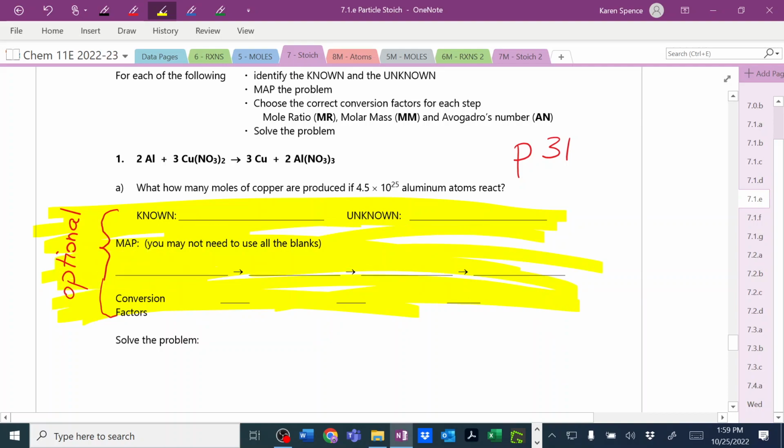You can go straight to solve the problem if you want to. Okay, and again, we are on page 31.